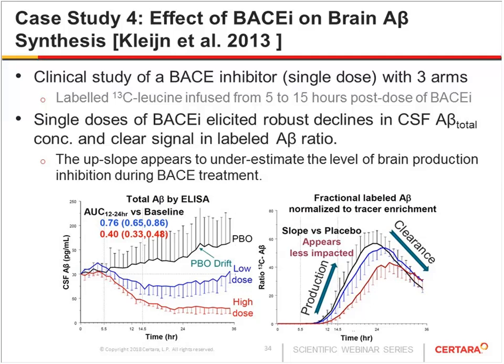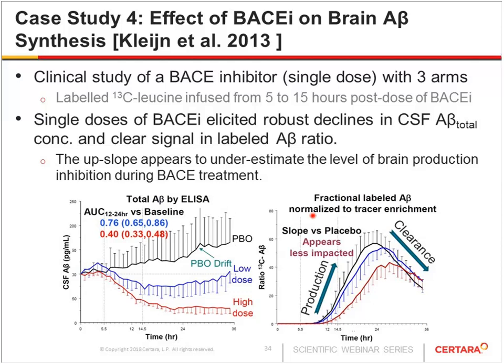So they used placebo, low dose, and high dose. As you can see from the concentration versus time profiles at the bottom on the left-hand side, they saw robust concentration changes in CSF of this A beta protein, which relates to Alzheimer's disease. They also saw changes in the tracer to tracee ratio versus time curves.